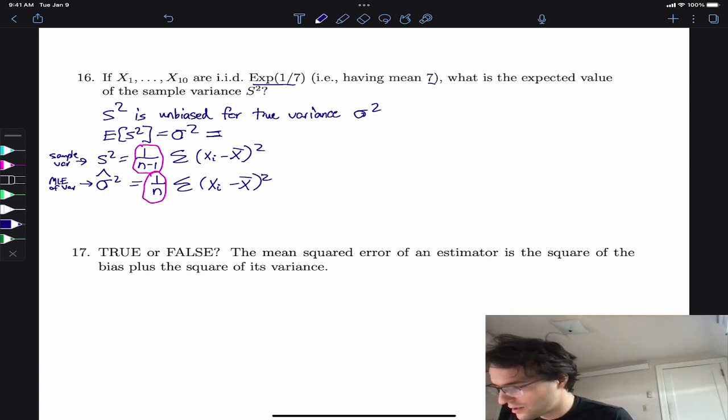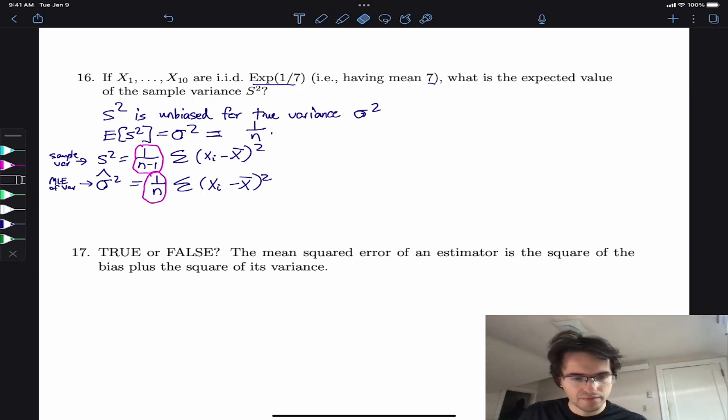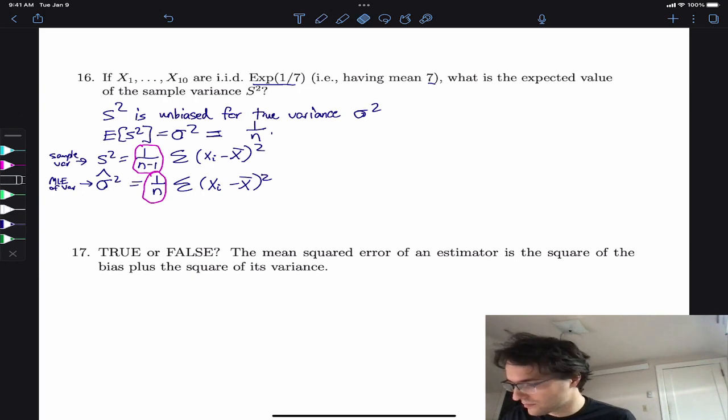So we have 10 of these IID exponential random variables, and we want to find the true variance of them.